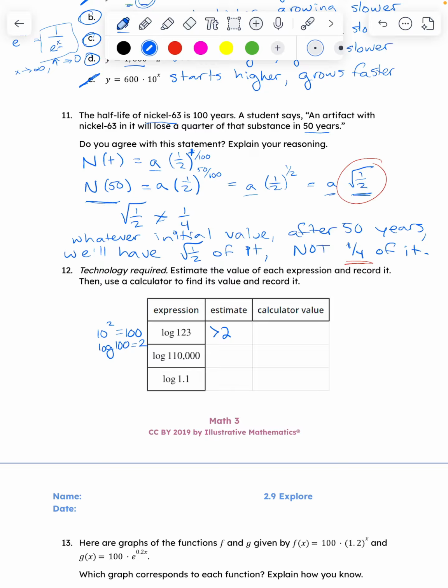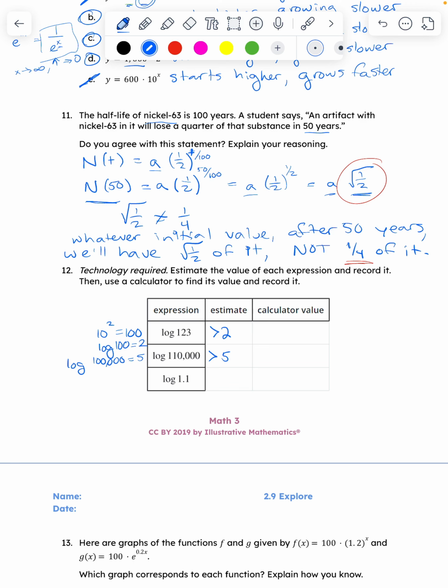And I can do a similar thing with the log of 110,000, right? I can think about the log of 100,000, which is 5. So my log of 110,000 is going to be more than 5. Not a lot more than 5, just a bit more than 5. It's going to be close to 5.